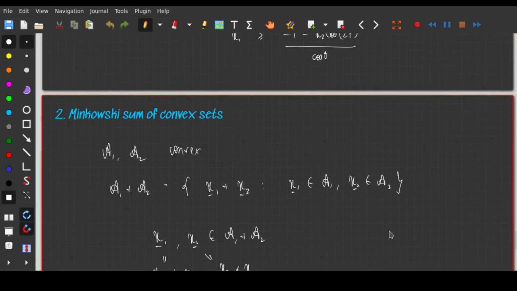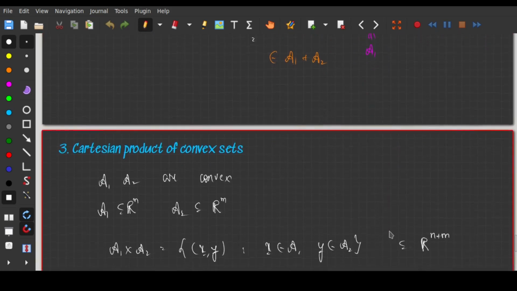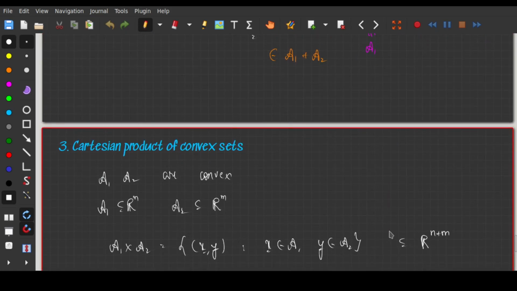Another transformation that we saw was that if I give you two convex sets, then the Minkowski sum, that is the set obtained by adding pairs of points, one taken from one of the sets and the other from the other set, also results in a convex set. Right? So if you have A1 and A2 which are convex, then A1 plus A2 is also convex. And in fact, this holds not just for the sum of two sets.